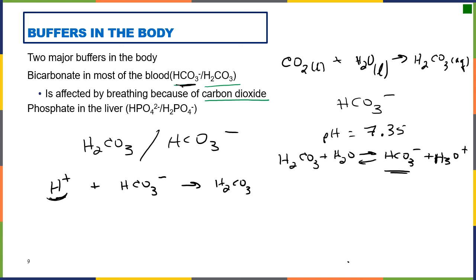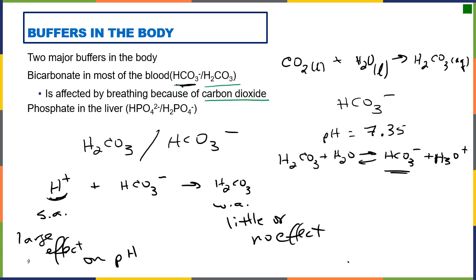So we have just taken our blood buffer and converted a strong acid into a weak acid. The strong acid would have a large effect on pH, and this would have little or no effect.